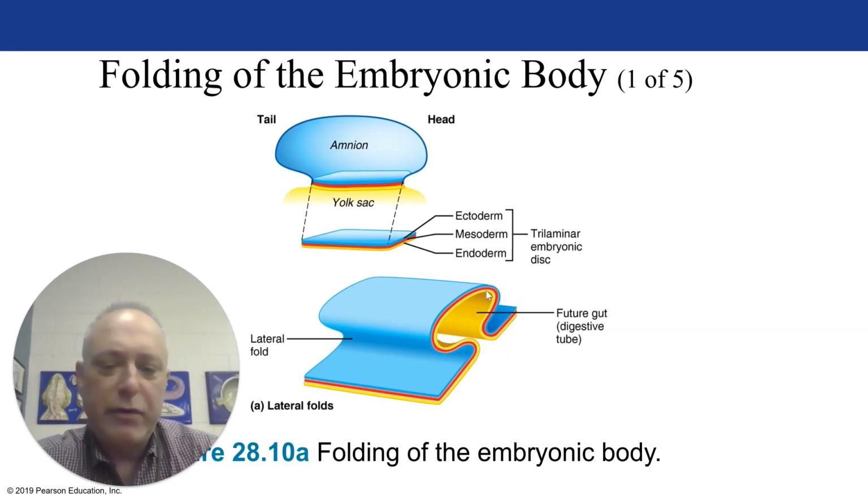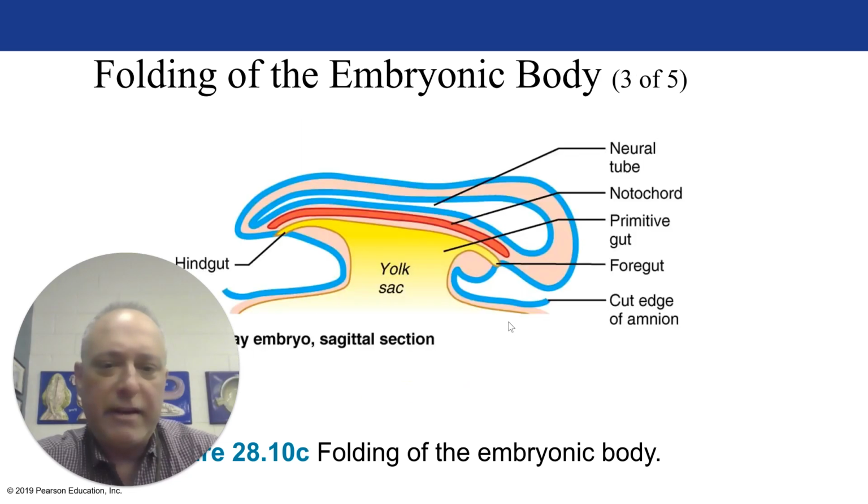Involves folding, further folding also. This is probably neurulation. So we're looking at creation of gut and then of the notochord and neural tube.